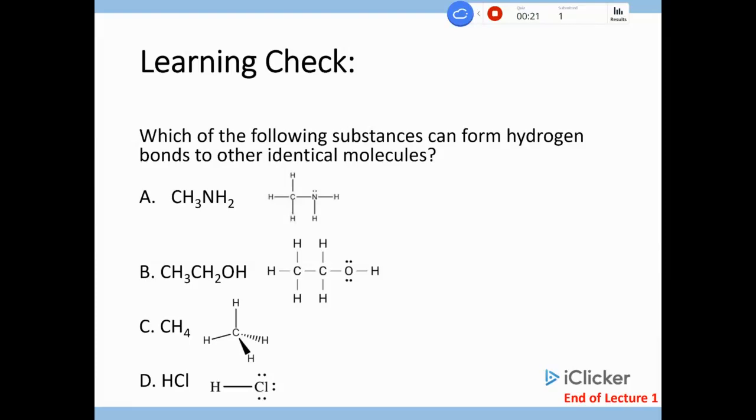So if you have the first molecule, CH3NH2, and more of those molecules, can those have a hydrogen bond? CH3CH2OH, that's ethanol. If you have ethanol and more ethanol, can those hydrogen bond? Methane, HCl, etc.